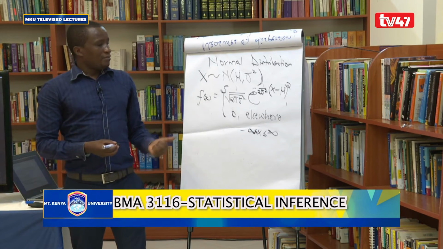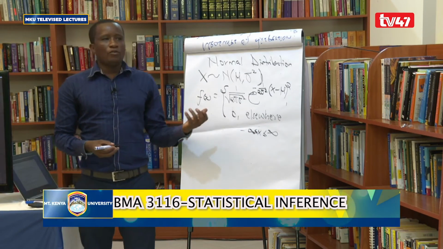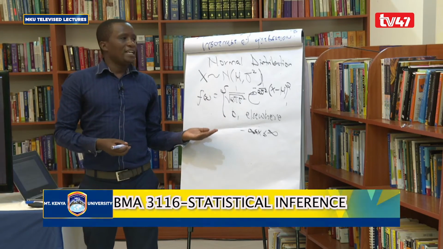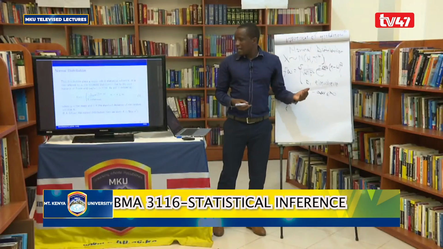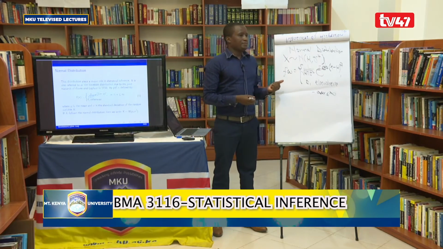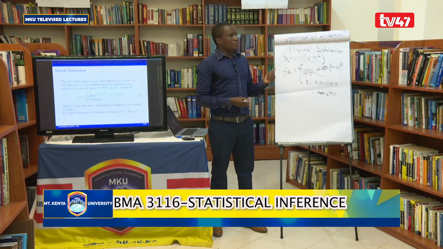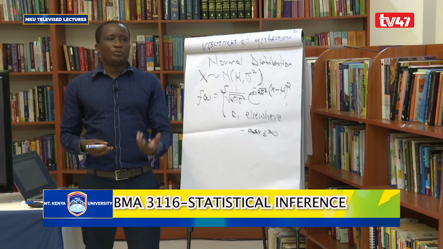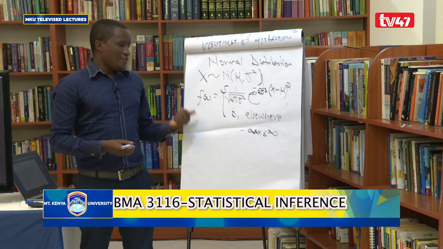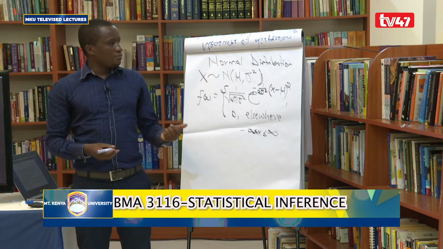But that involves complex integration techniques that have to be applied. And due to that problem, there is a standardization of this, so that evaluation of probabilities corresponding to values of x can be very easy when it comes to the normal distribution.